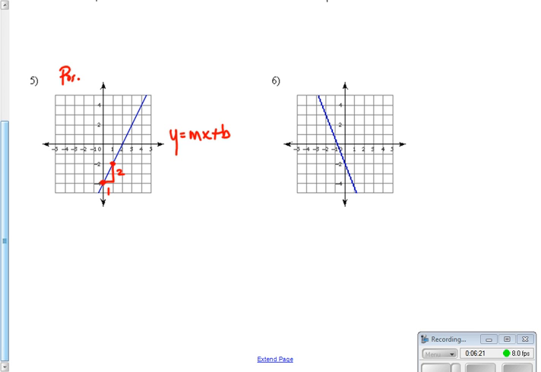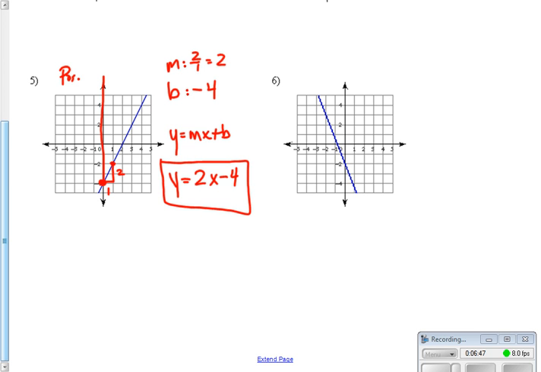I would have my slope, m, as 2 over 1, which is 2. My intercept, b, it crosses the y-intercept. The line crosses that y-intercept down here at negative 4. So my equation would say y equals, in for m is 2x, and my b value is a negative 4. That is slope-intercept form of that line. That is the equation of that line.